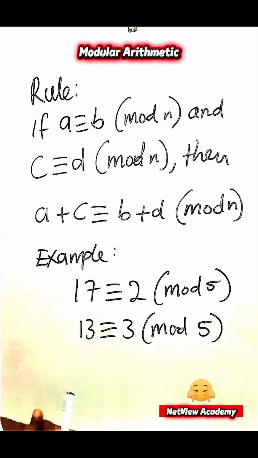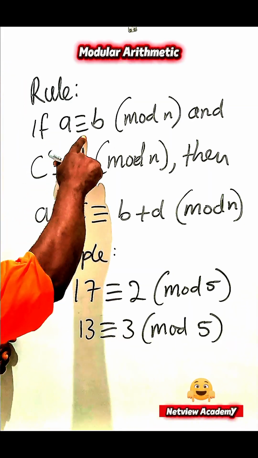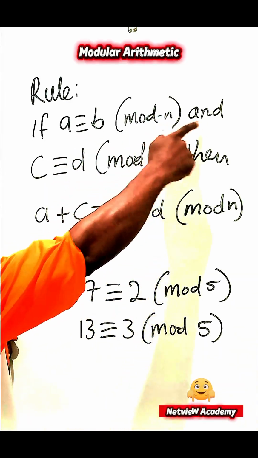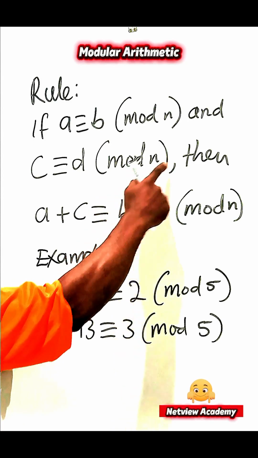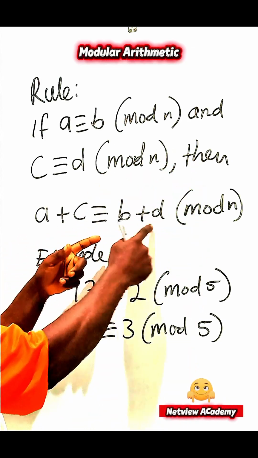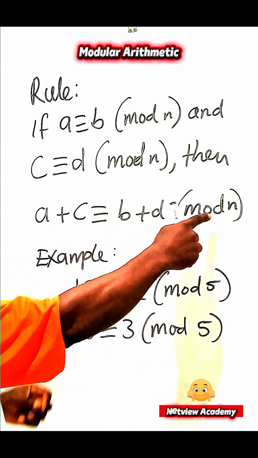When performing addition in modular arithmetic, this rule is applied. If A is congruent to B modulus n and C is congruent to D modulus n, then A plus C is congruent to B plus D modulus n.